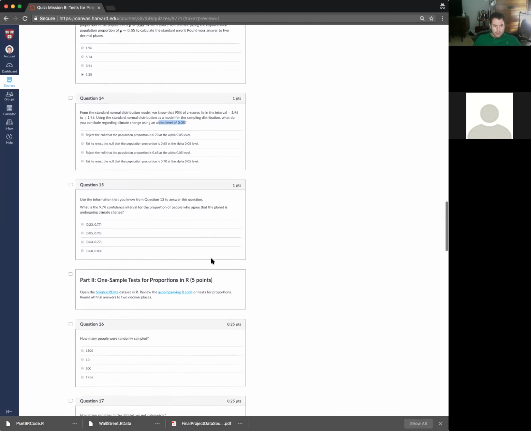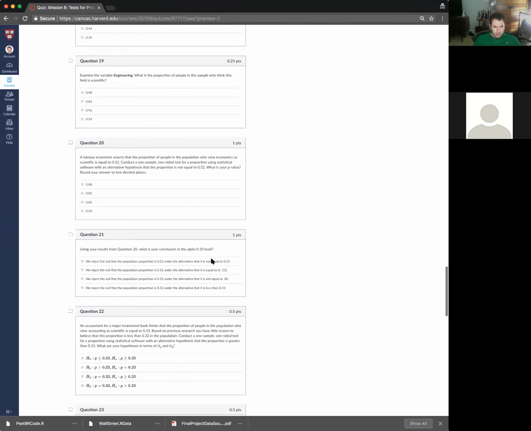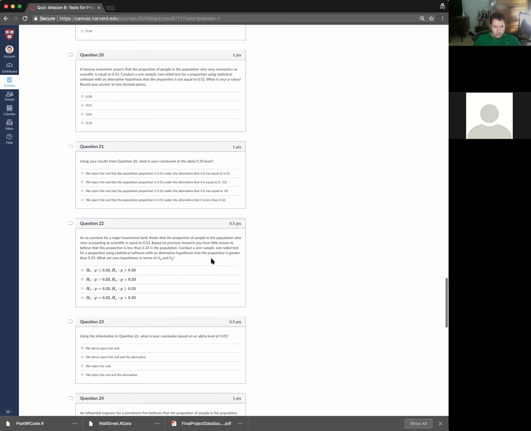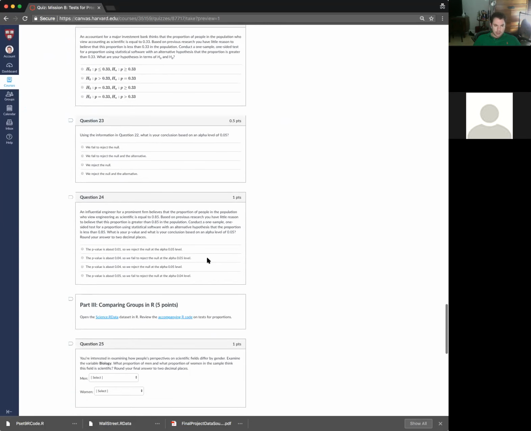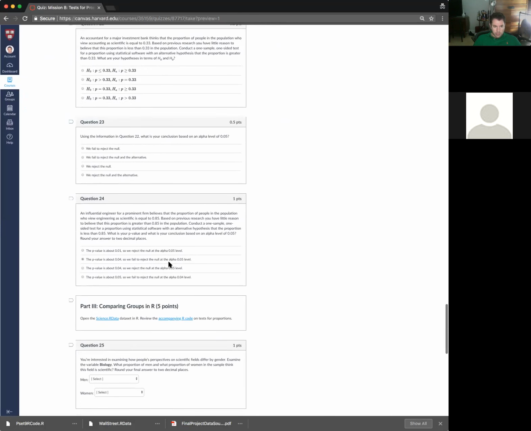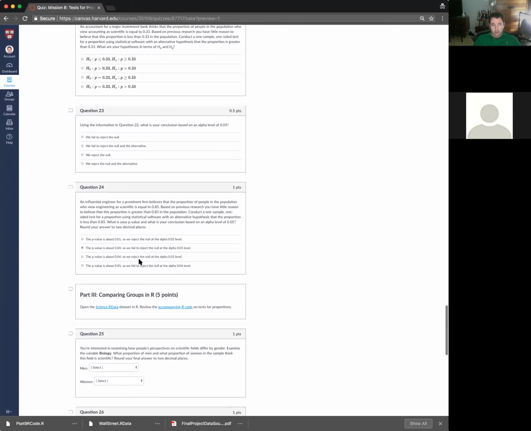If the p-value, which is the probability value, is less than the alpha value, we reject the null hypothesis. If the p-value is greater than the alpha value, we do not reject the null hypothesis, right?